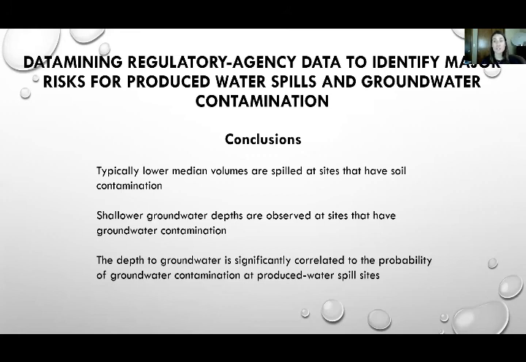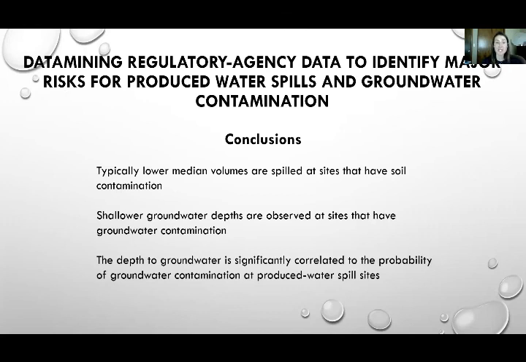So I was able to say, okay, there are more shallow median depths to groundwater at sites that have produced water spills when they result in contamination than when they don't result in contamination. And then the complementary follow-up analysis I did was the logistic regression.